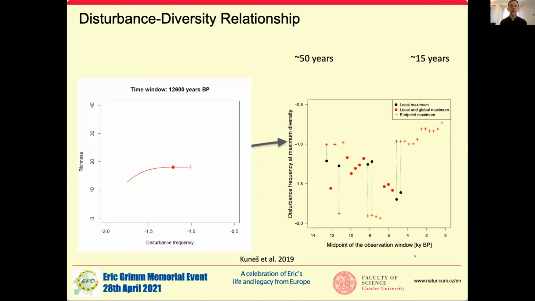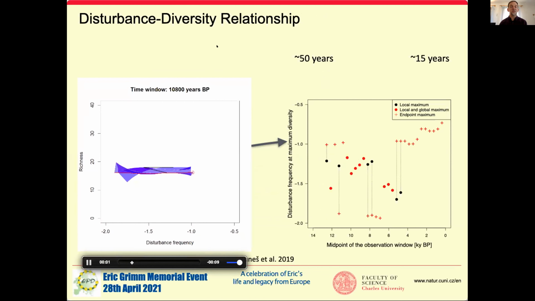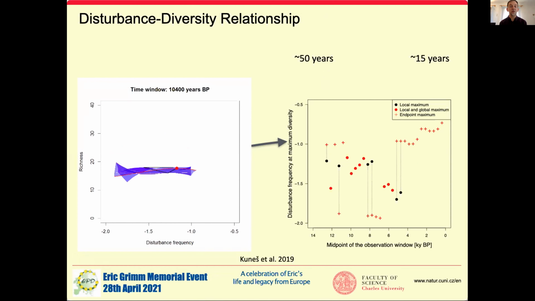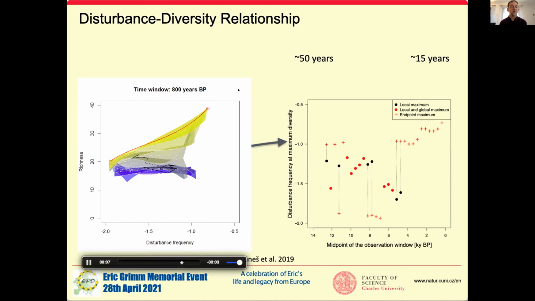What I showed at the start was this disturbance diversity relationship. Here's a short animation that shows this relationship being calculated during the whole post-glacial in 400-year or 500-year time intervals.